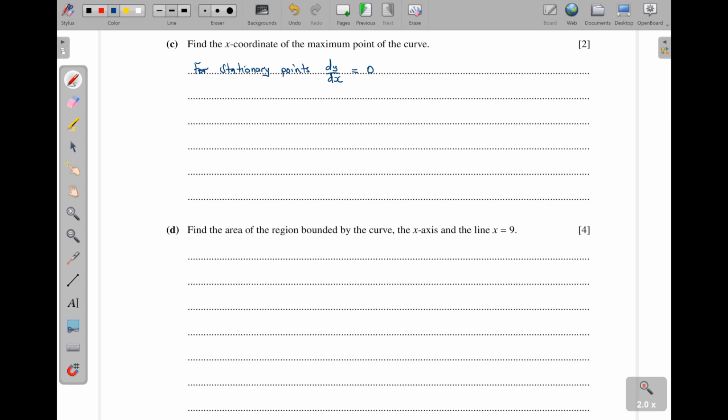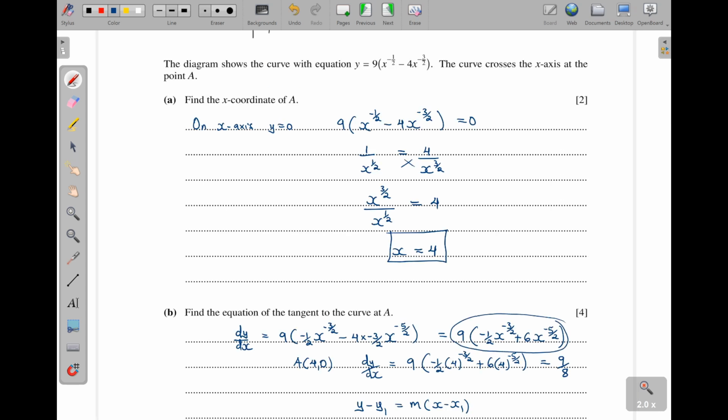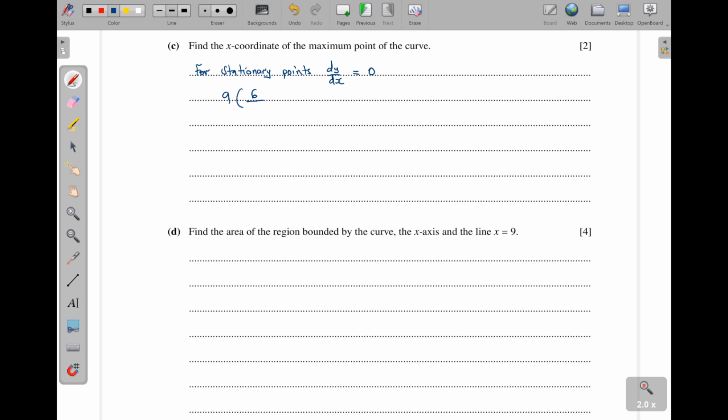So our dy/dx is 9 into the whole of this, 6x to the power of negative 5 over 2 minus a half x to the power of negative 3 over 2. I equate this one to 0. Of course, when you divide all through by 9, the 9 disappears.